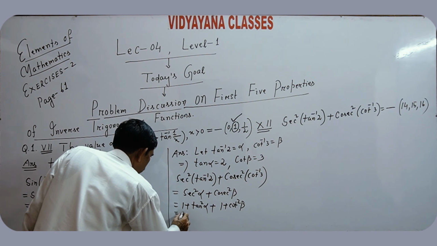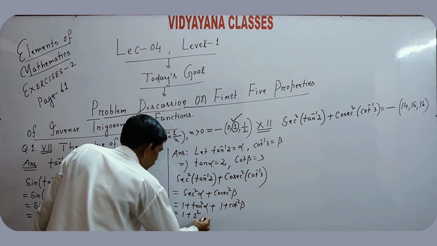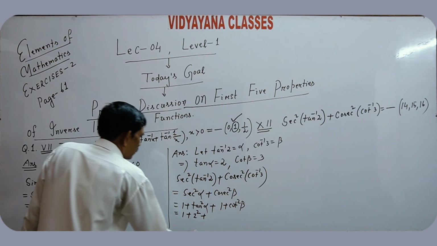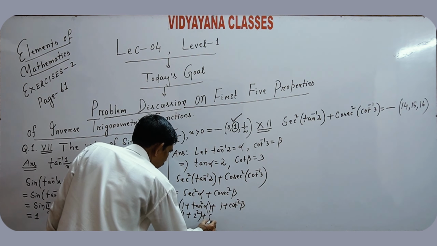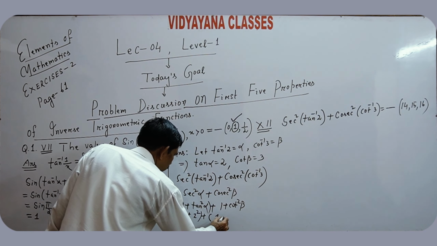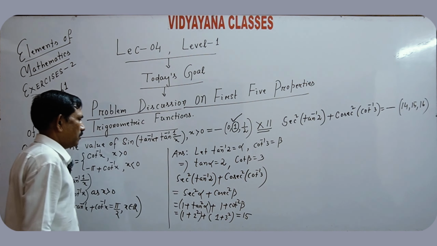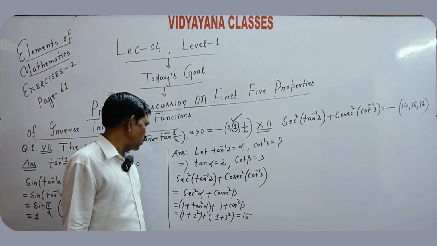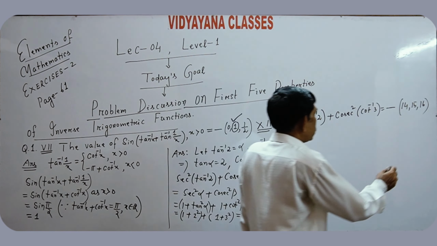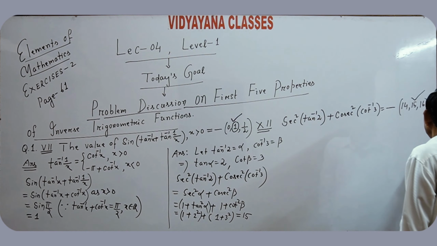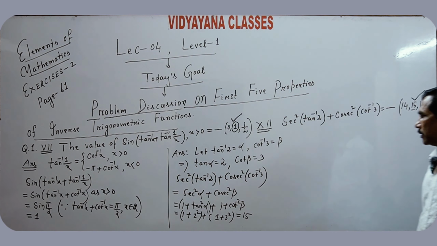Since tan alpha is equal to 2, it is 2 square plus 1 plus 3 square, which is equal to 15. Five plus 10, that is equal to 15. So the correct option is 15. The correct option is 15 is the answer.